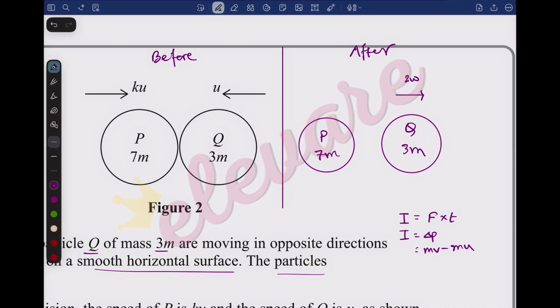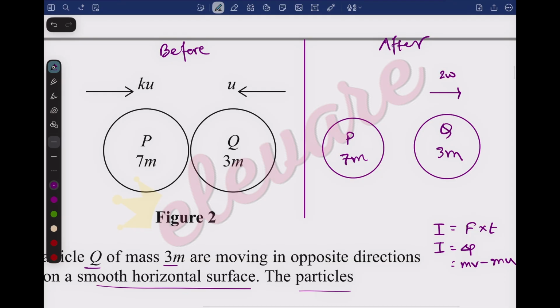But impulse and force, they're both vector quantities, okay? So if force is in a certain direction, impulse is going to be in the same direction. So first, you should figure out in what direction the force is being exerted on Q. And the force is exerted by P, of course.